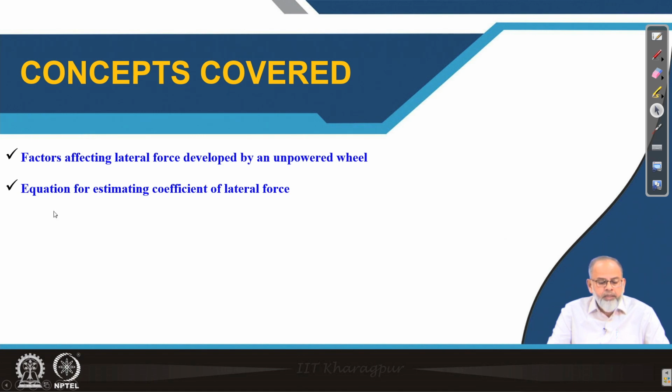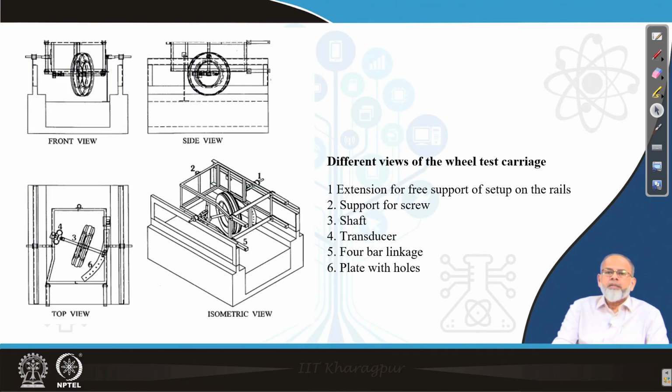Then we will develop equations to estimate the coefficient of lateral force, from which we can find out the lateral force developed for a given soil condition. As we know, the lateral force developed when the camber angle is 0 depends on slip angle, normal load, and type of tire.